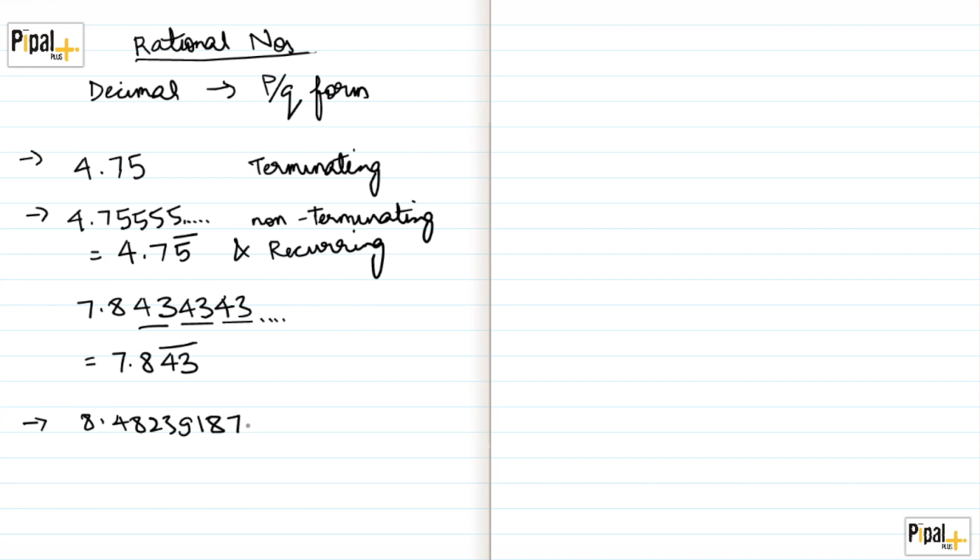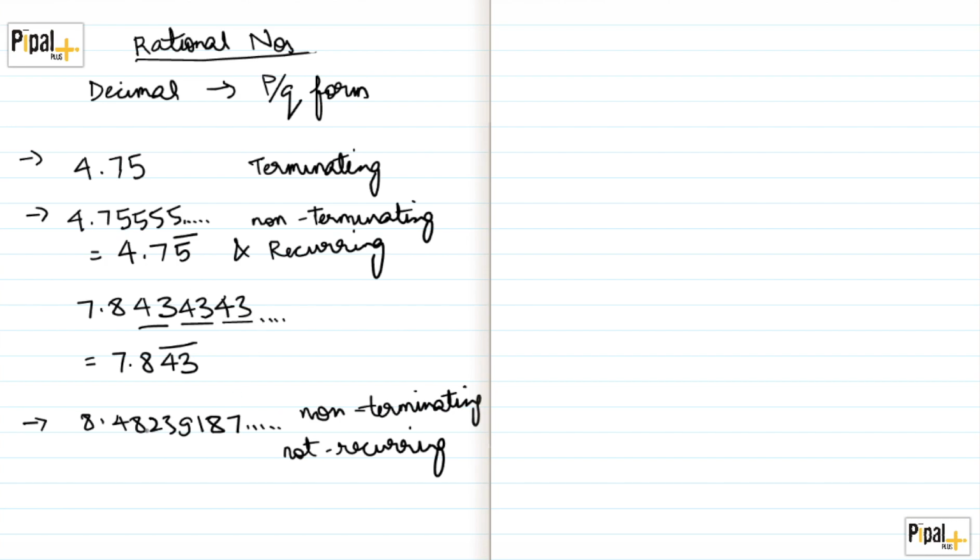The next kind looks like this, 8.48239187, and so on and so on, and it goes on. So clearly it is non-terminating as well. Like last time, it is non-terminating. However, unlike last time, this is not recurring. By not recurring, I'm simply saying that here there was a strict pattern of digits which repeats itself infinite times.